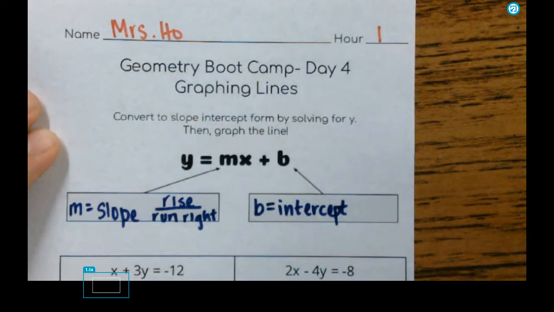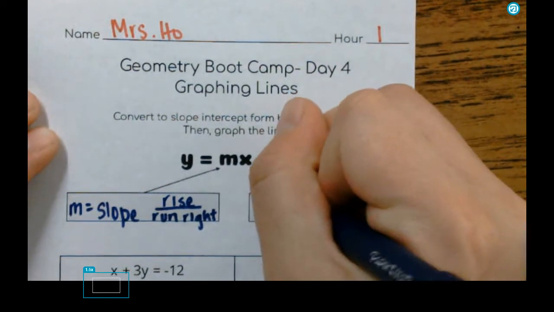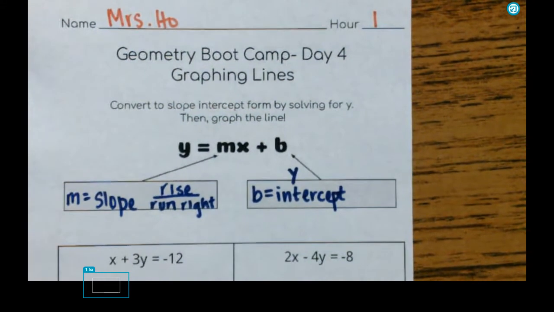And it's also specifically our y-intercept. So it's called slope-intercept form, but it's our slope and our y-intercept. So once we convert to slope-intercept form and we get y by itself, we will be able to start at our y-intercept on our y-axis, and then we'll be able to graph our slope by doing our rise or our fall over our run to the right.